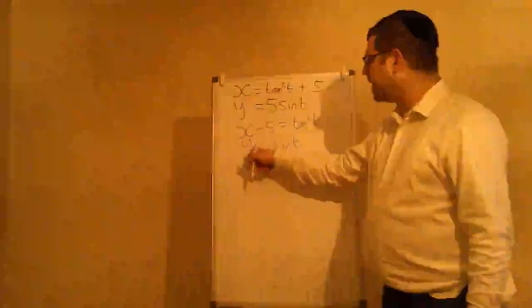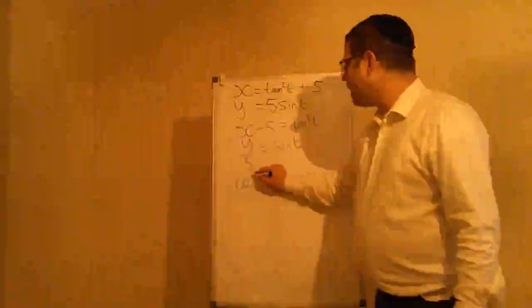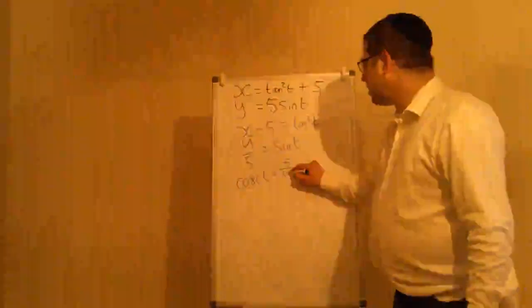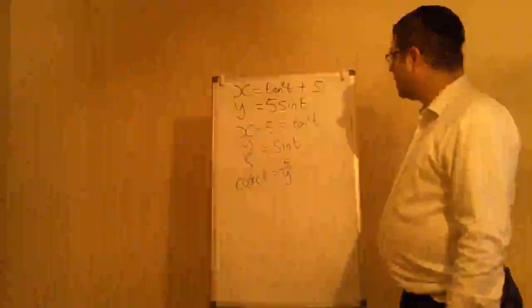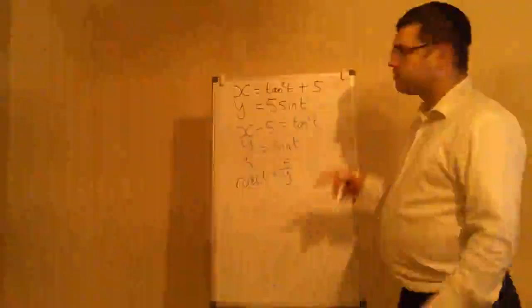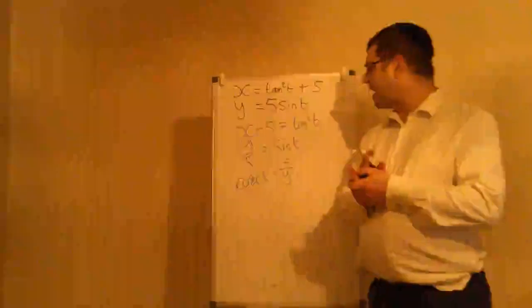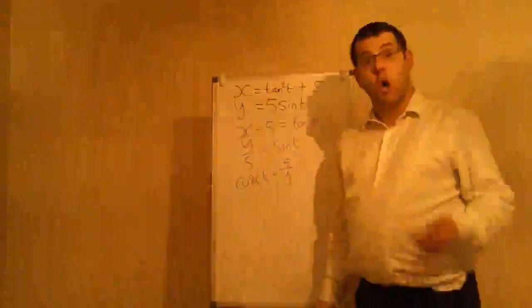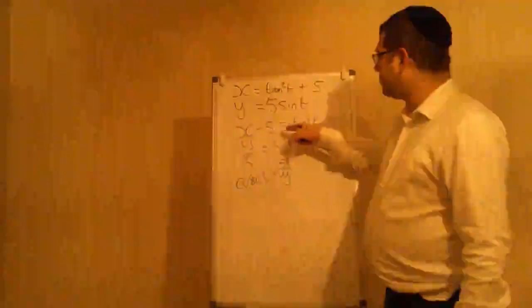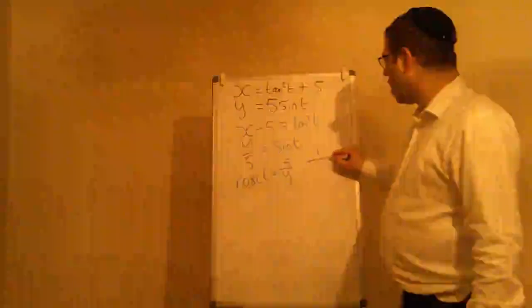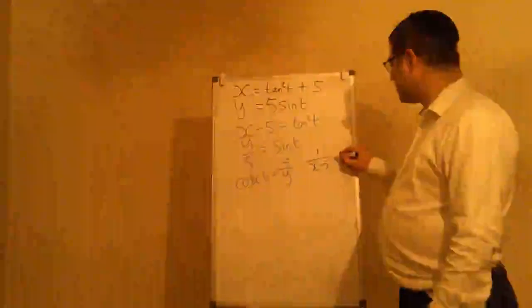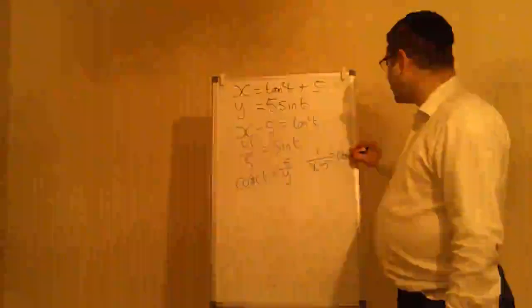So if sine t is y over 5, then cosec t is 5 over y. Cosec and tan also don't have an identity that has cosec and tan in it only. However, what's the reciprocal of tan? It's cot. So if I reciprocate this, so if I do 1 over x minus 5, which must be 1 over tan squared, you get cot squared.